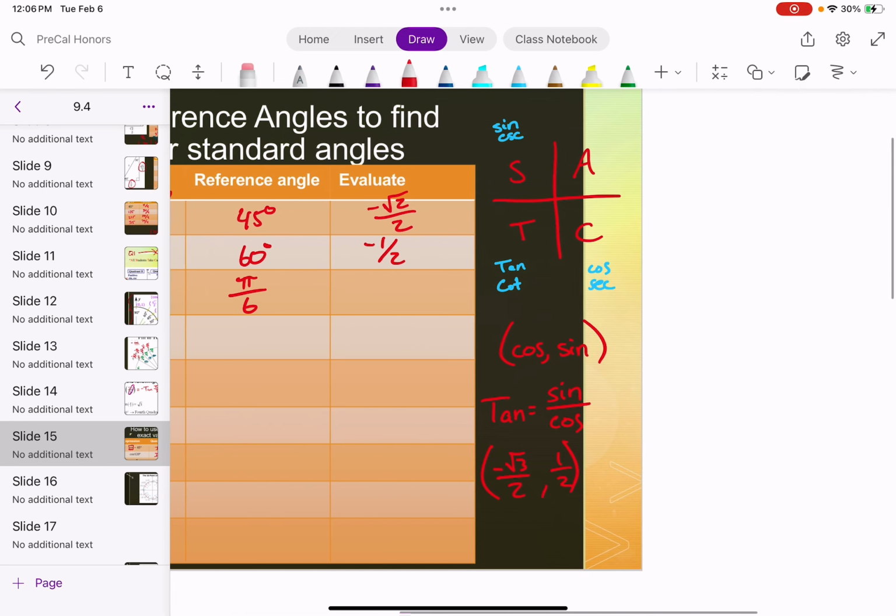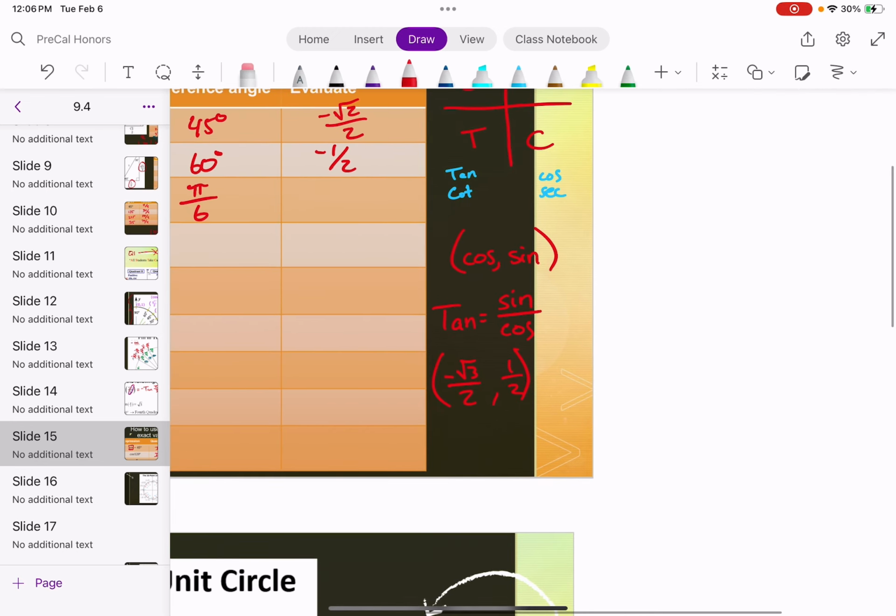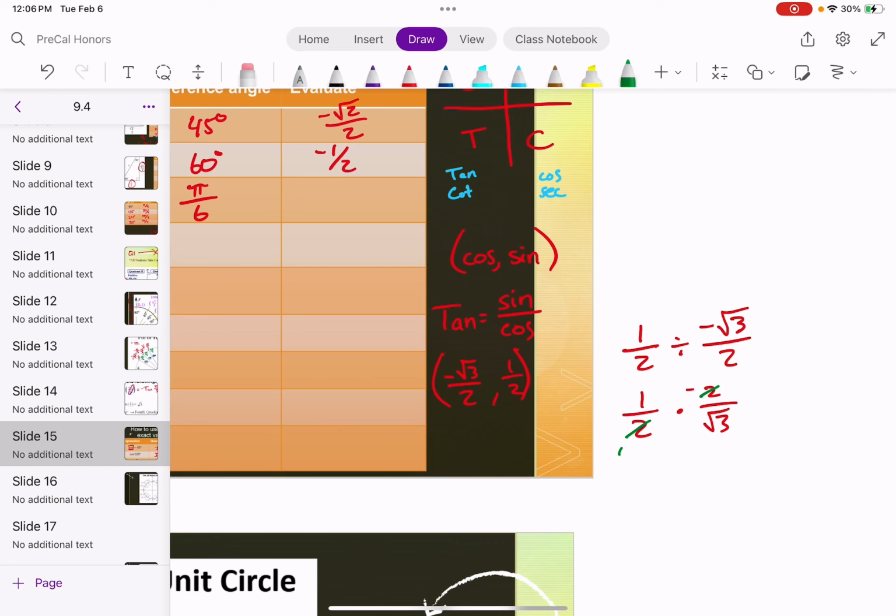Now knowing this, we're going to divide our sine by our cosine. So we're going to say 1/2 divided by negative square root of 3 over 2, which is the same thing as 1/2 times negative 2 over the square root of 3. We can simplify this out. 2 and 2 simplify to 1 and 1.